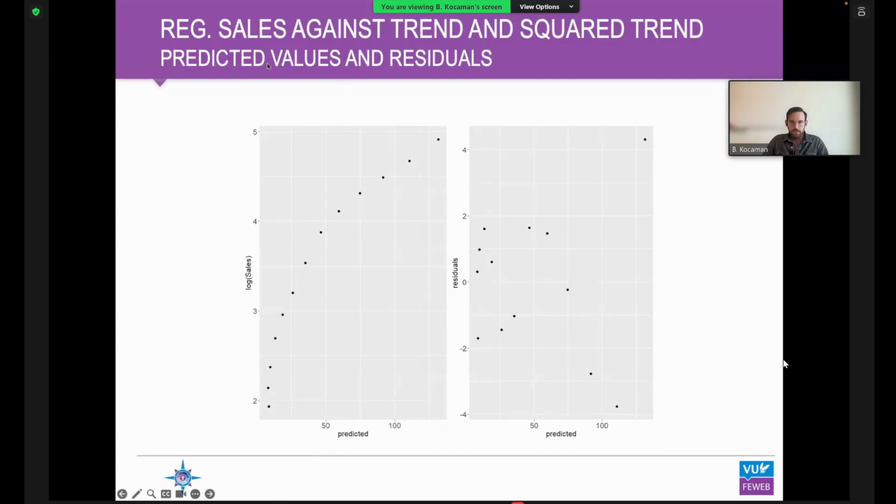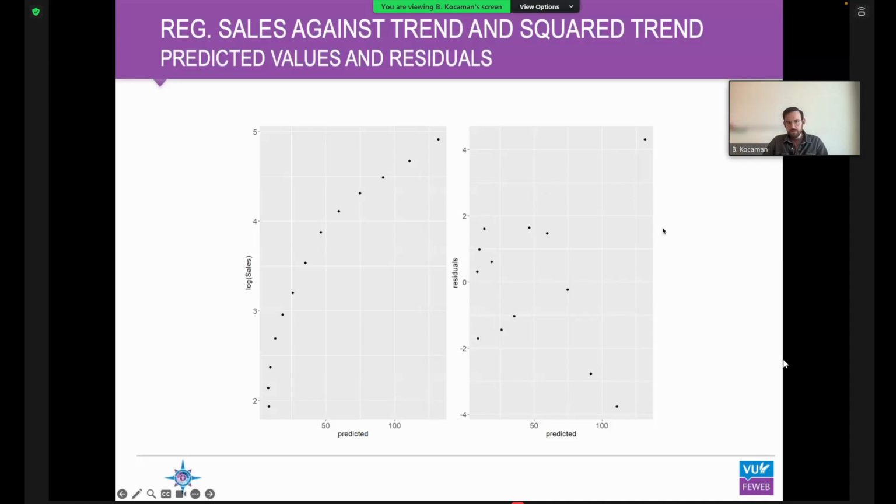And when you look at the predicted values and residuals, you see that there is no particular pattern in terms of residuals. It's not super clear here, as clear as it was in the log transformed version.